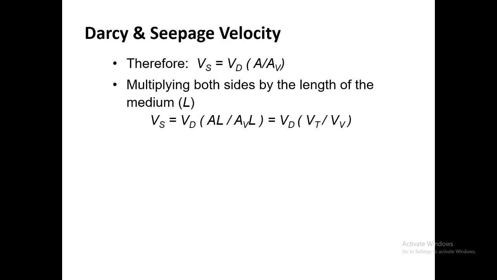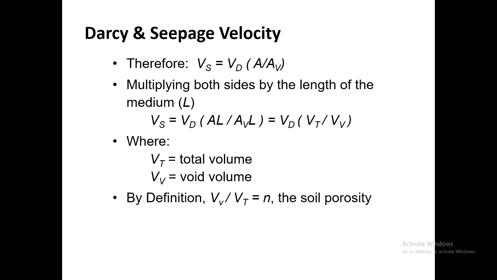Vs is equal to Vd times A over Av. Then multiplying both sides by the length L, where Vt is the total volume and Vv is the void volume. By definition, Vv over Vt is equal to porosity. And thus, we get Vs equal to Vd over N.